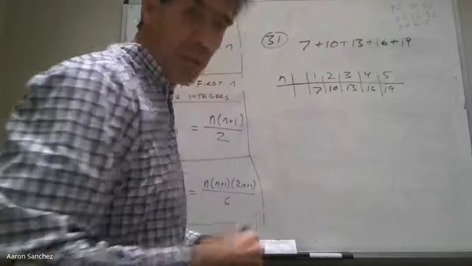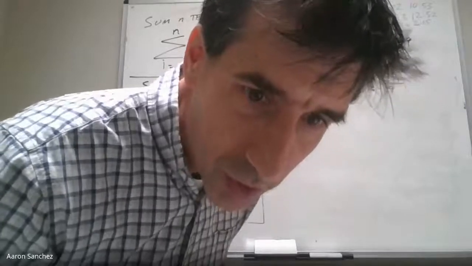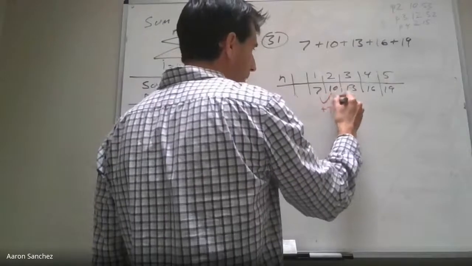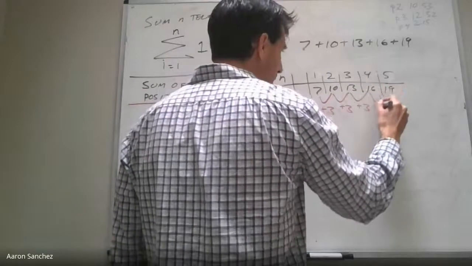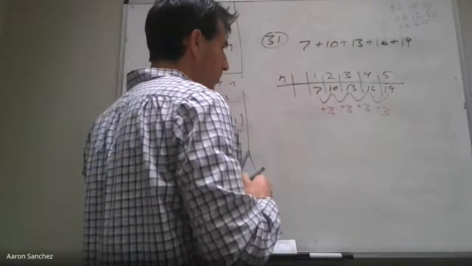Now we have to figure out the rule. Before we do summation notation, remember yesterday we figured out the rule. Look what I'm doing here: I add 3, I add 3, I add 3, I add 3. We also had to figure out the 0 term to figure out the rule.